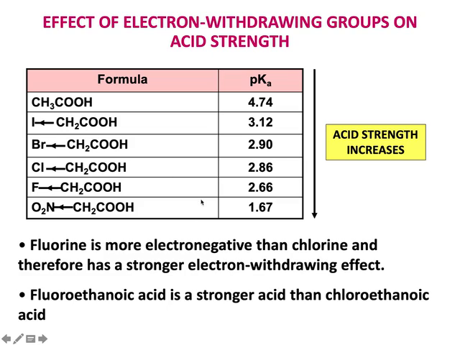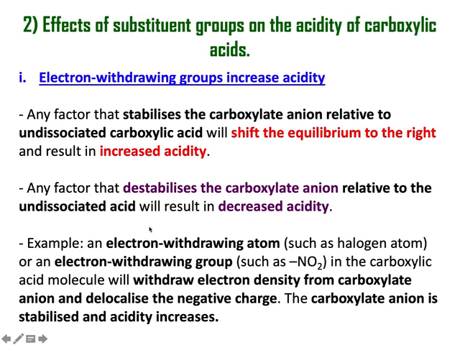Okay, look at this table. Okay, see C double bond O, OH, attached to the R, so pKa is around 4. Okay, once this carboxylic acid is attached to the halogen, this one halogen is an electron withdrawing atom.